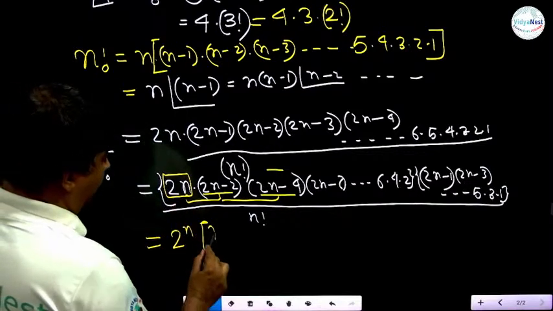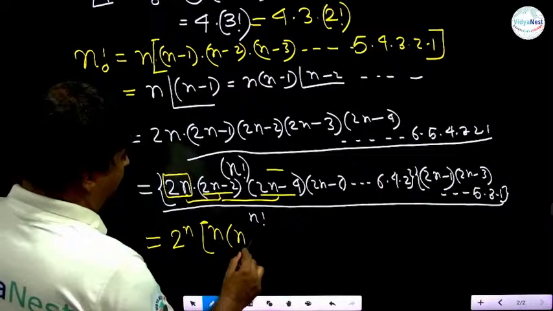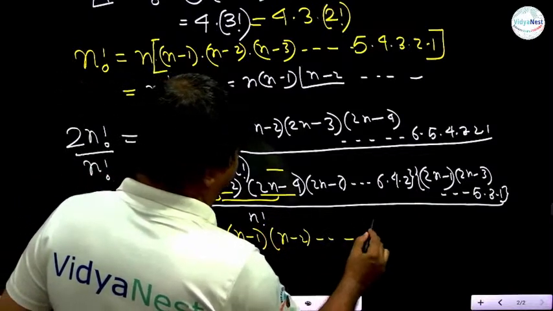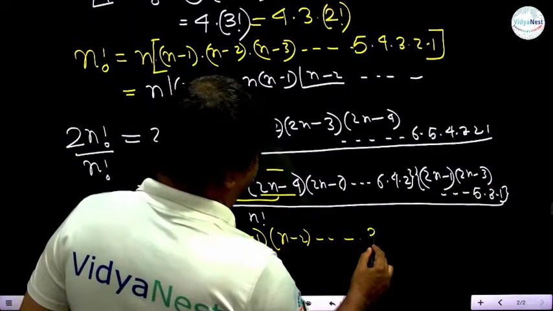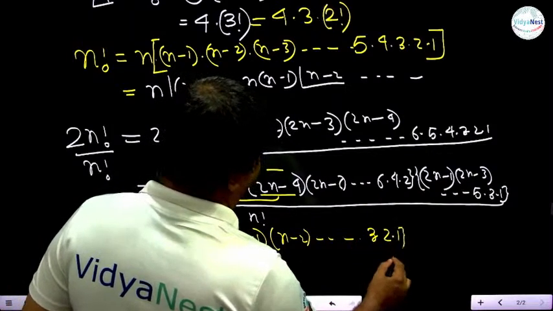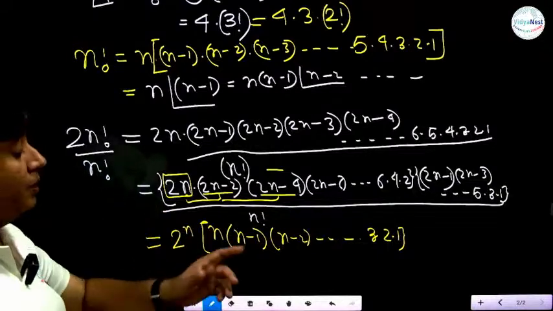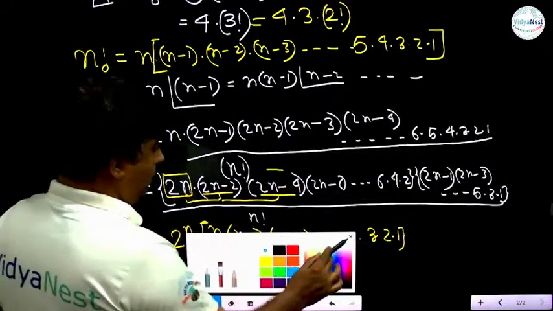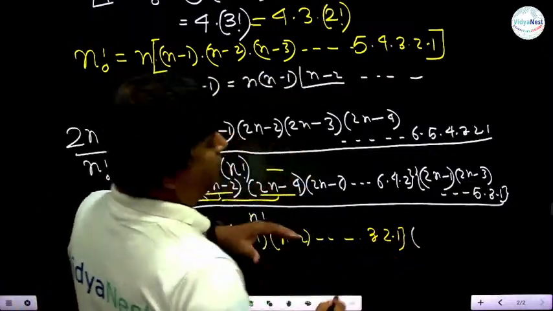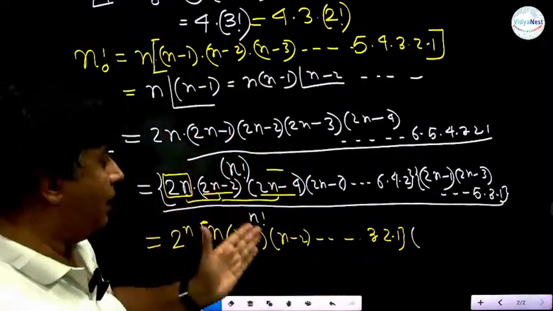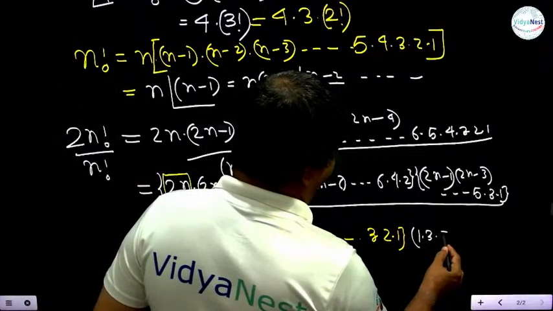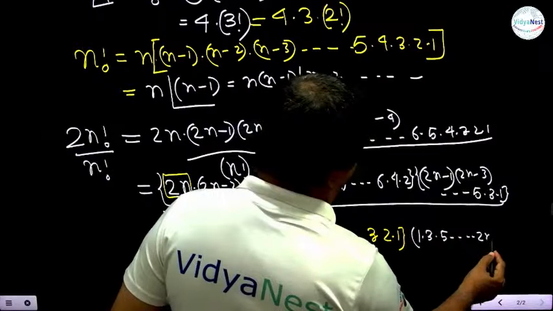Against it n, against it n minus 1, against it n minus 2, proceeding in this way, 3, 2, 1. So what will I do with the odd terms? The odd terms will remain unchanged, but better if I write them in ascending order: 1, 3, 5 up to 2n minus 1.